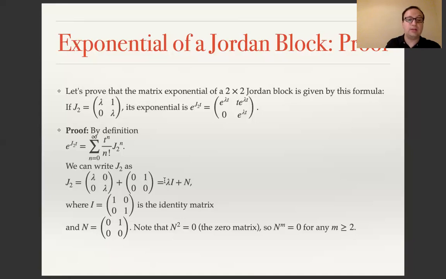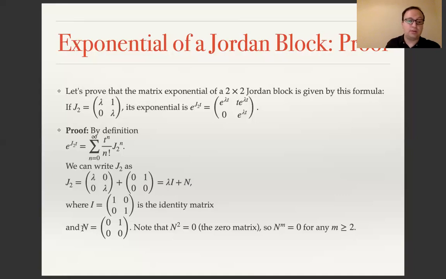This is just lambda times the identity matrix, where the identity matrix is the matrix 1, 0, 0, 1. And then we have this plus the 1 in the upper right corner. So we write this as a separate matrix, the matrix with components 0, 1, 0, 0. Let's call this capital N.